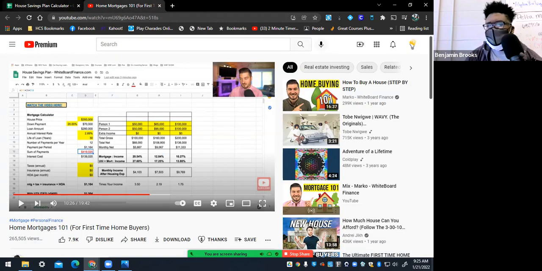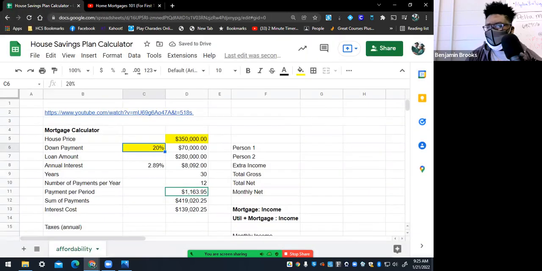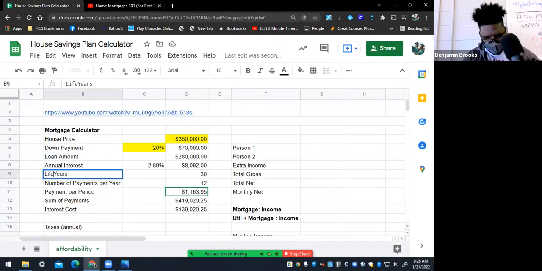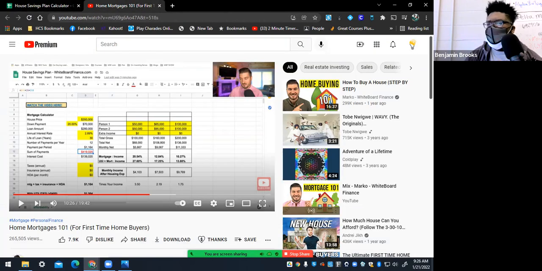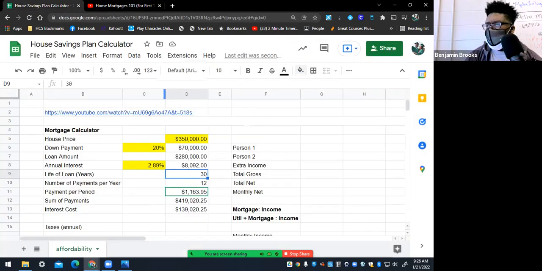Interest rate and life of loan in years. I should have said life of loan. Years.